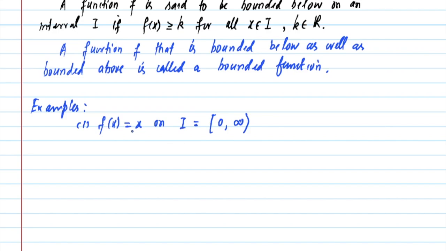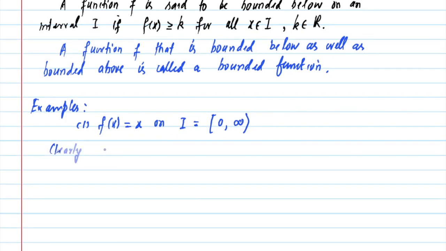Now if we define this function, then we can clearly see that f of 0 is equal to 0, f of 1 is equal to 1, f of any real number is the same real number, where the real number belongs to the interval 0 to infinity. So we can clearly see that the least value of this f of x is 0, and it will reach infinity at infinity.